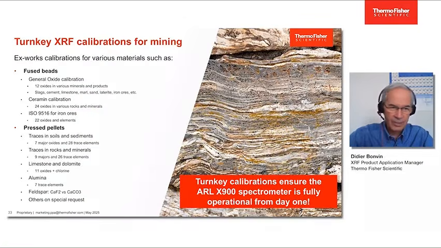And then we've also press pellet sample preparation and calibrations on press pellets, either for soils and sediments with 7 major oxides and 28 trace elements, calibration for rocks and minerals, 9 majors, 26 trace elements, and then different calibrations for various minerals, limestone and dolomites, alumina, feldspar, where we can do a differentiation between the calcium fluoride and the calcium carbonate in the sample, and also others on special request.